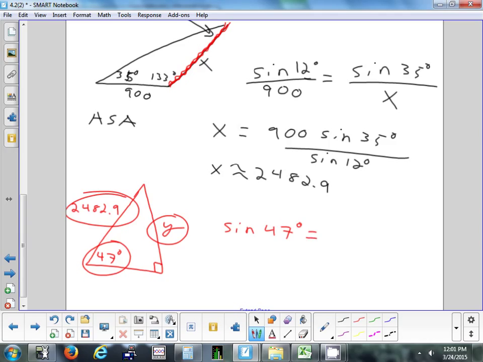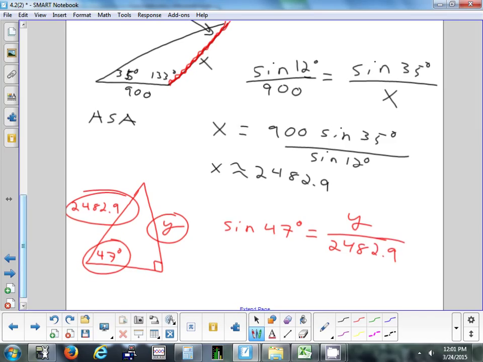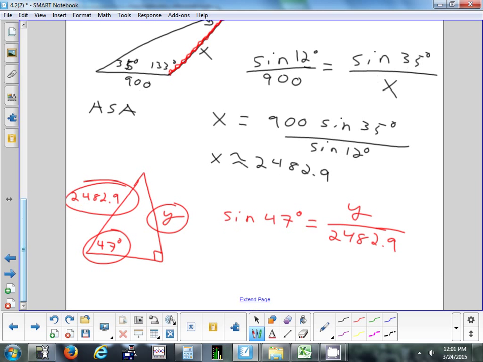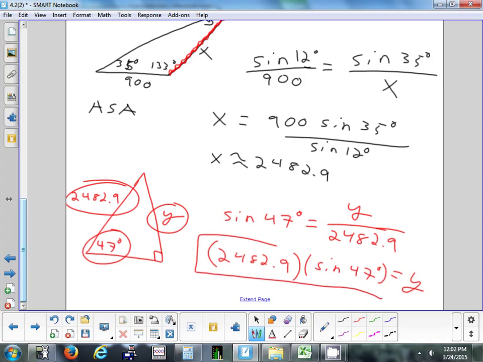So the sine of an angle equals opposite over hypotenuse. And what would be my last step to get Y by itself? Times it by 2,482. Yeah. Multiply each side by 2,482.9. Okay. I'll leave that step for you, but whatever that comes out to, that's the height of the mountain.